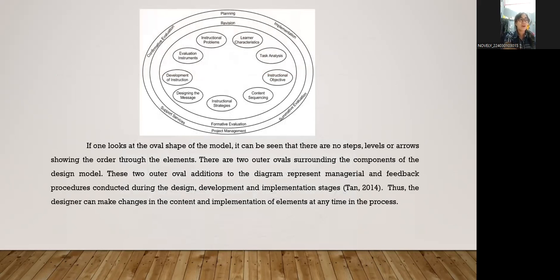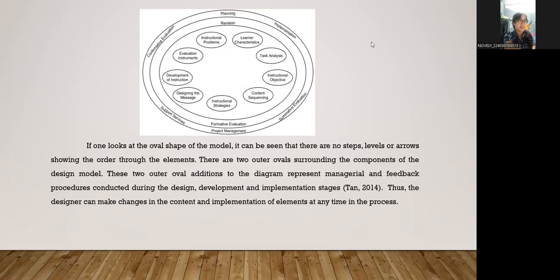Okay, if one looks at the oval shape of the model, it can be seen that there are no steps, levels, or arrows showing the order through the elements. And there are two outer ovals surrounding the components of this design model.